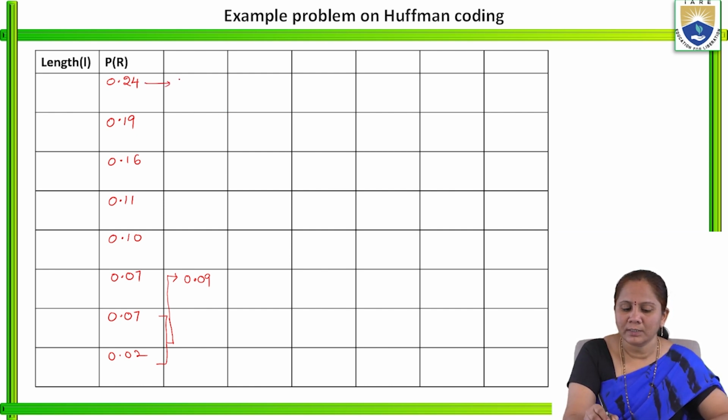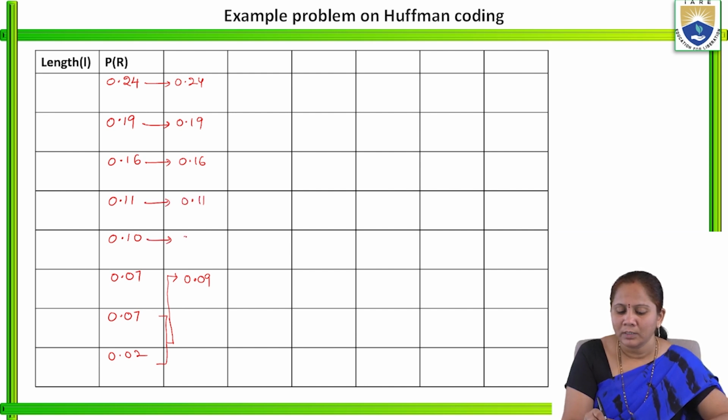So here same 0.24, 0.19 and 0.16, 0.11, 0.10, and here 0.09 is the newly generated code. And after this, we have one more probability which is not reduced, 0.07, which is below 0.09.